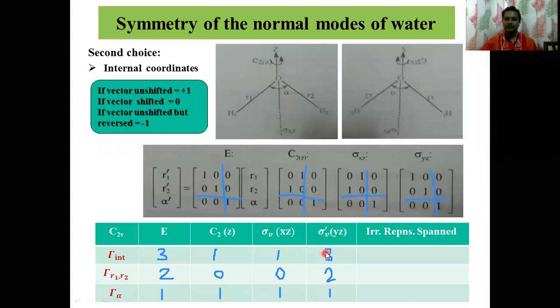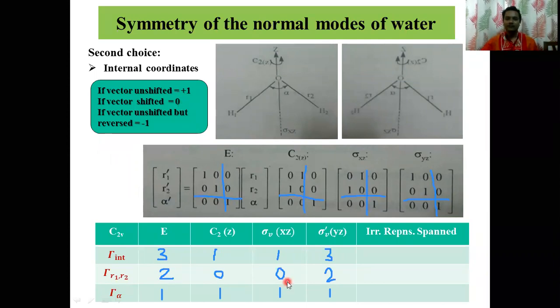So the contribution from each of them is 1 plus 1 plus 1, so that is going to be 3. Now, if we split them, R1 and R2 will contribute 1 plus 1, so that is 2, and alpha is going to be 1, right? So that is kind of using a vector unshifted rule. If you are not comfortable with the matrix, you can go with that.